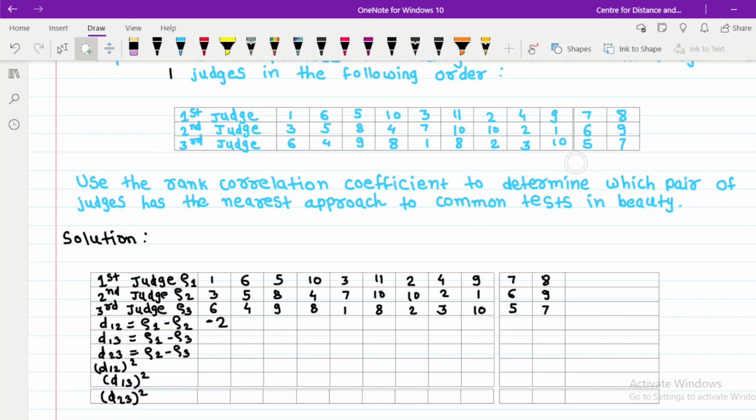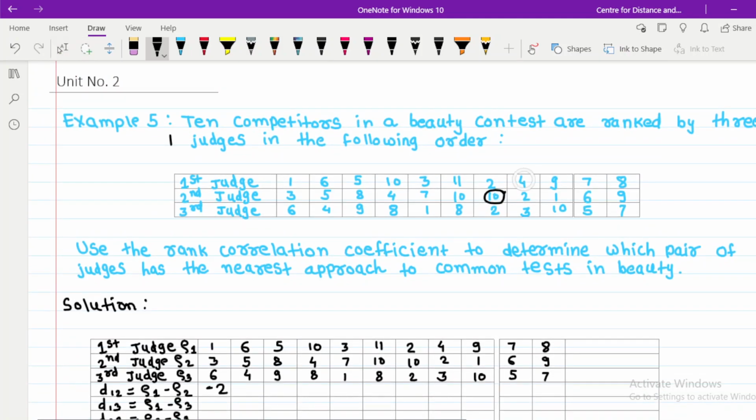Here in the same book on page number 85, for the second judge, for this rank there is, by printing mistake, printed 11, but the actual value is 10, and in the same way here by printing mistake it is typed 11, but the actual value is 8.